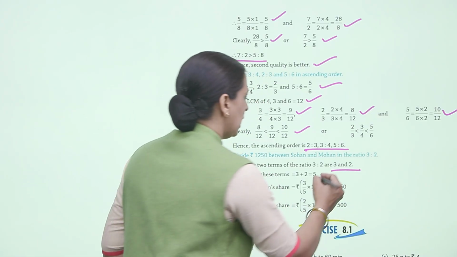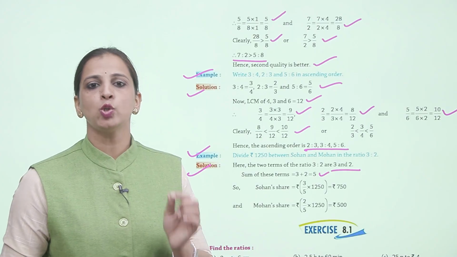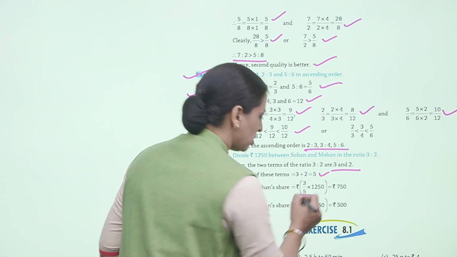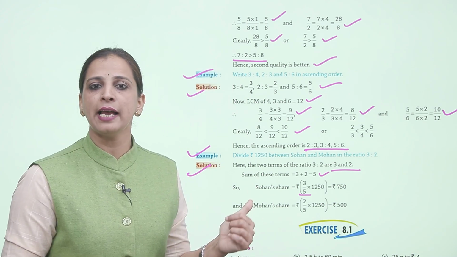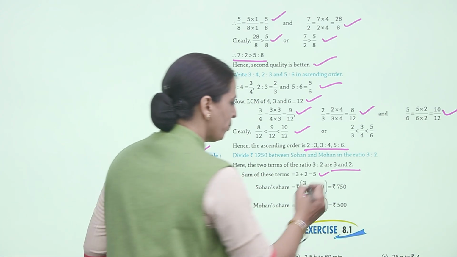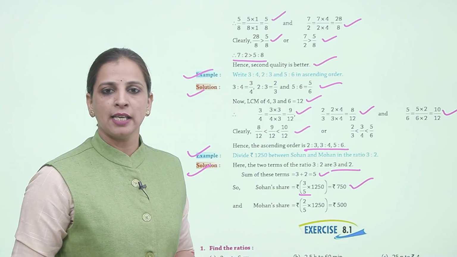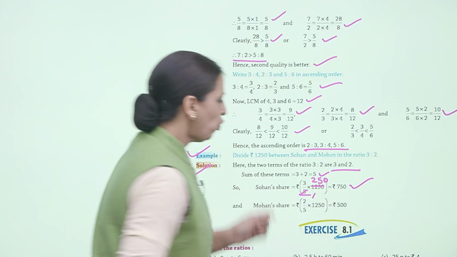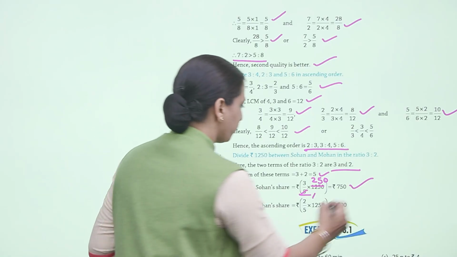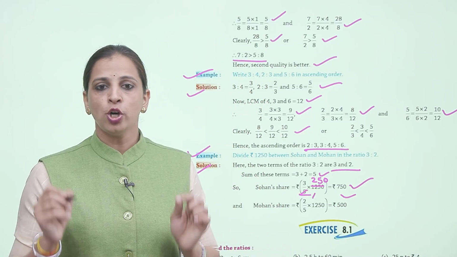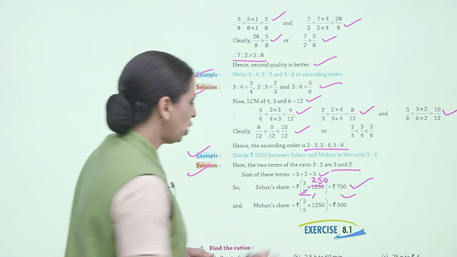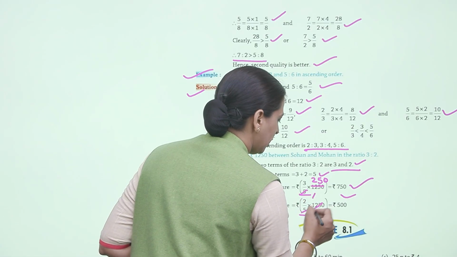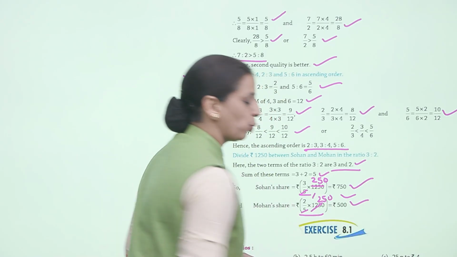Sum of these terms is 3 plus 2 is equal to 5. नाउ सोहन का शेयर, सोहन पहले है तो सोहन का शेयर है 3 अपॉन सम ऑफ रेशियोज मल्टीप्लाई बाय टोटल कितना है 1250. 1250 को क्या करना है डिस्ट्रीब्यूट. तो यहां से हमने 5 1 5, 5 2 10, 5 5 25. 250 मल्टीप्लाई बाय 3 इज 750 इज द शेयर ऑफ सोहन. मोहन का शेयर 2/5 क्योंकि 2 है उसका रेशियो 2/5 इंटू 1250. अगेन इट इज 250 दैट इज इक्वल्स टू ₹500.